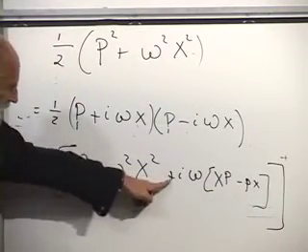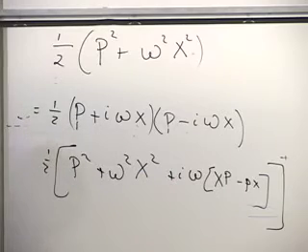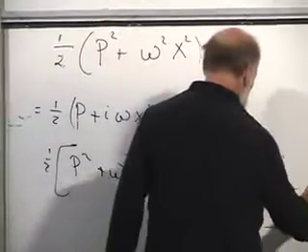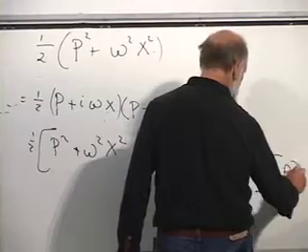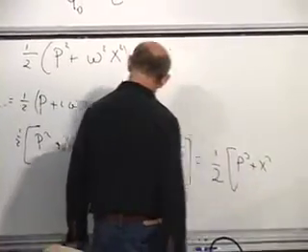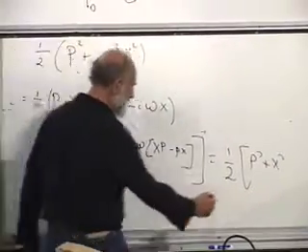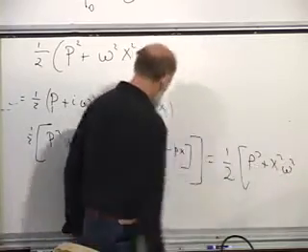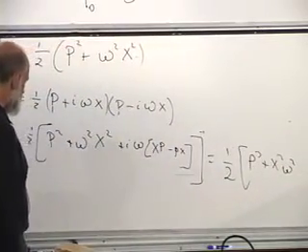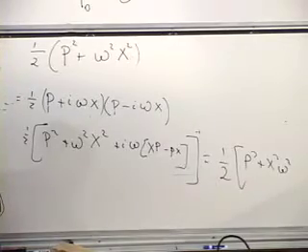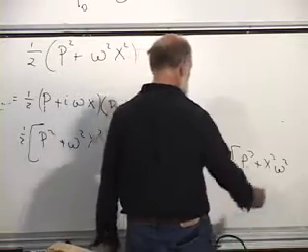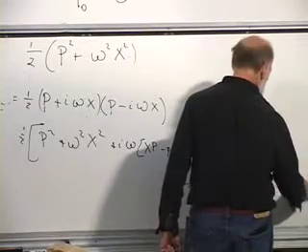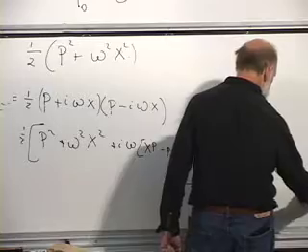I times I here is minus 1, so it looks to me like this whole thing here is 1/2 p squared plus omega squared x squared minus omega over 2.